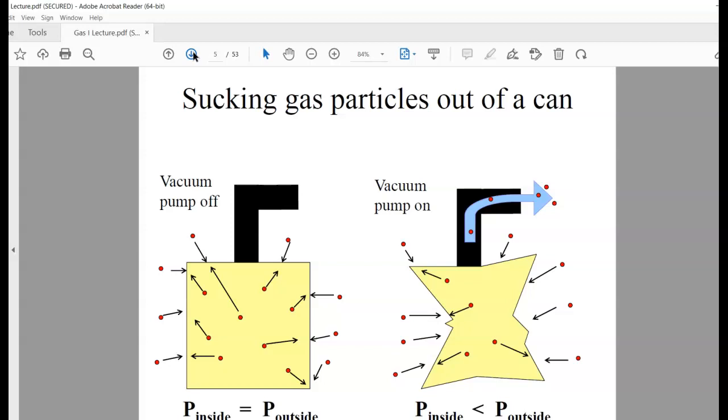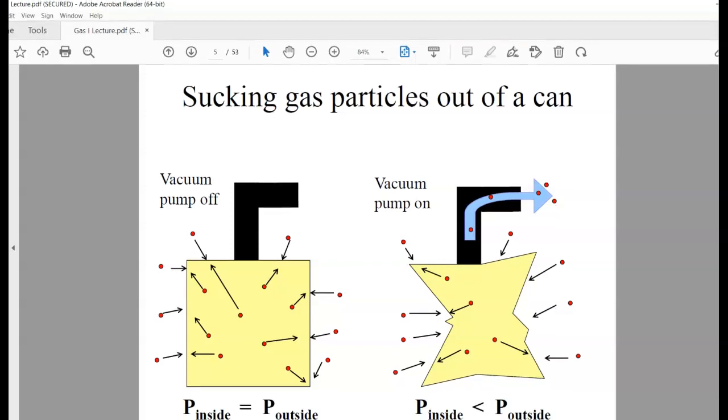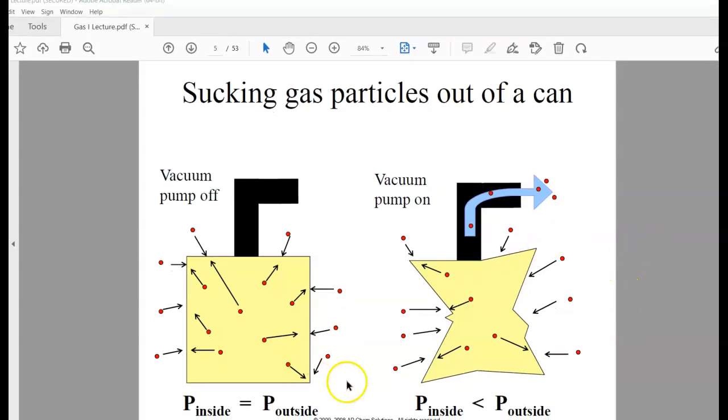Well, here, what you're looking at is just a diagram saying that if we had some sort of arrangement where the pressure inside and outside of a can, for example, were the same, then we wouldn't have any effect on the can.